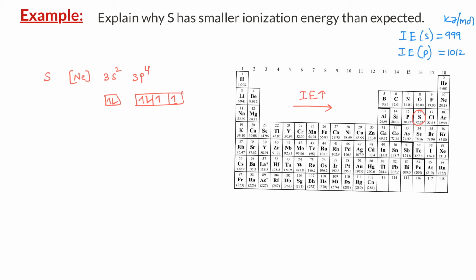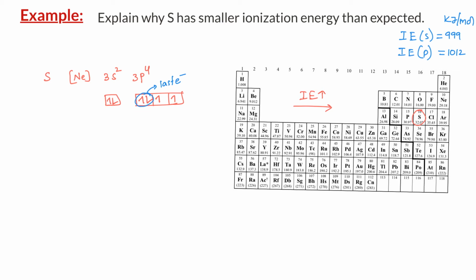Usually, there are two possible explanations for this. One, the last electron entering the sulfur atom increases the electron-electron repulsion in the p orbital. Therefore, the shielding increases and it becomes easier to remove either one of these electrons.